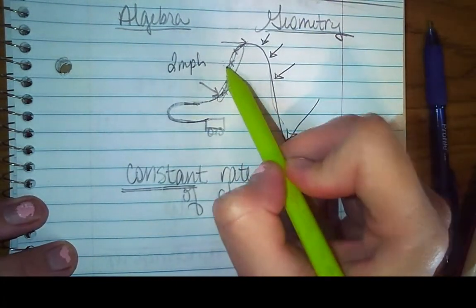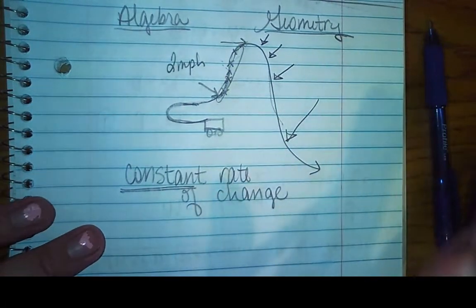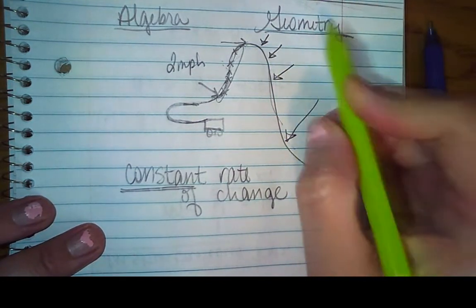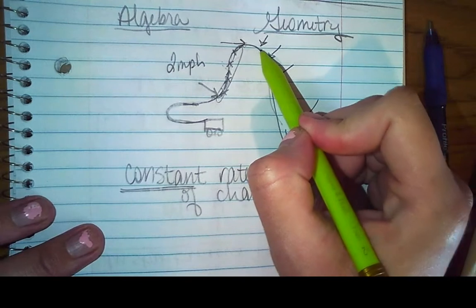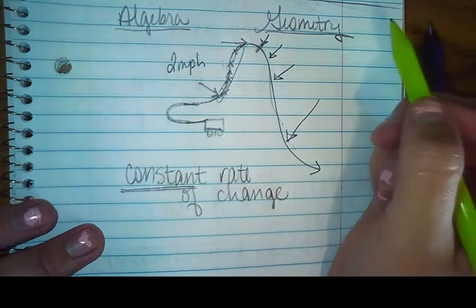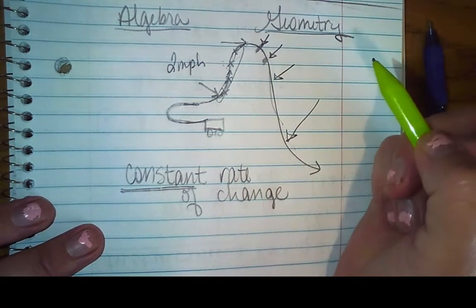So on this side, you have algebra. It is a constant rate of change. Over here, you have calculus. And this is instantaneous rate of change. Because when you're this far into the fall, you're going slower than when you were this far into the fall.